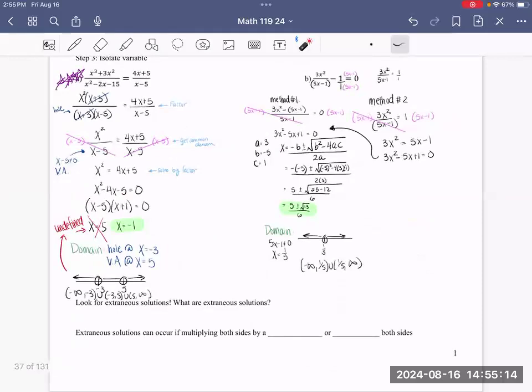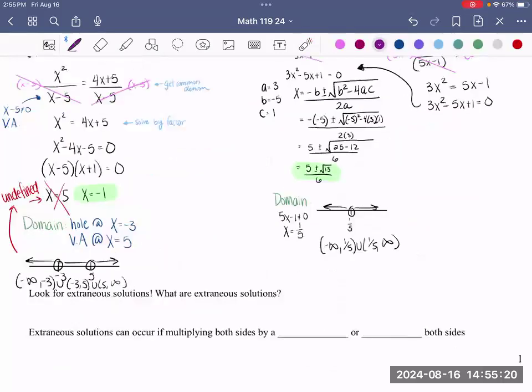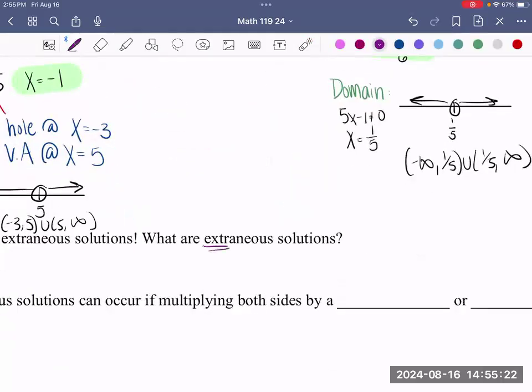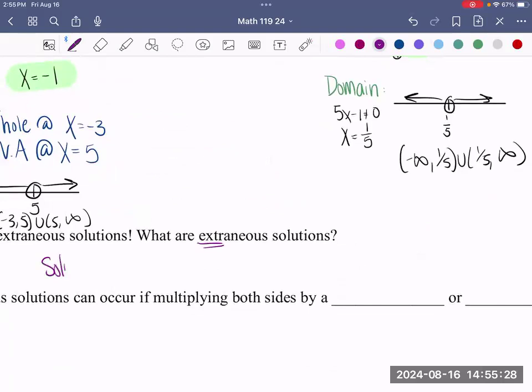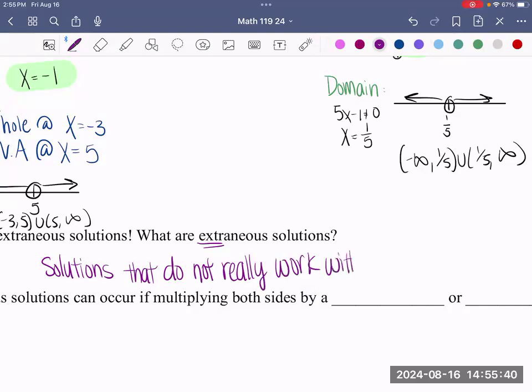Now below it does say look for extraneous solutions. Well, what are extraneous solutions? Think about the word extra. It's an extra solution that looks like it's going to work, but it doesn't work. So, solutions that do not really work within the domain.